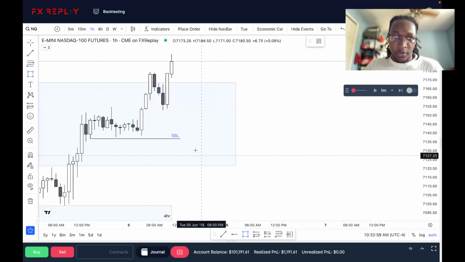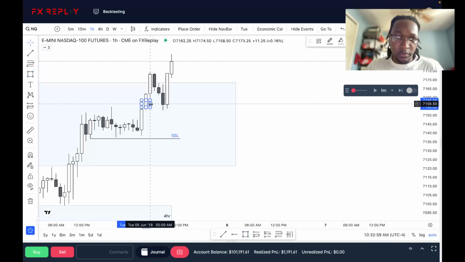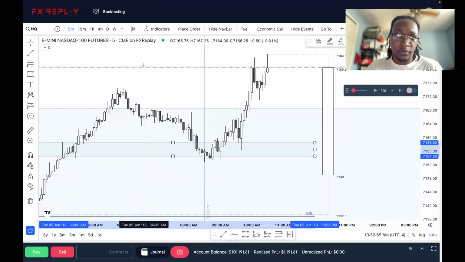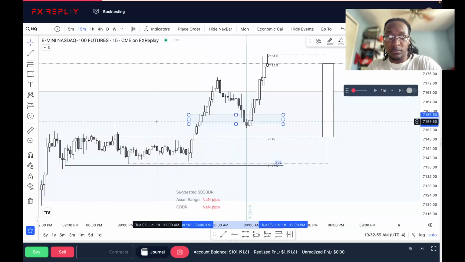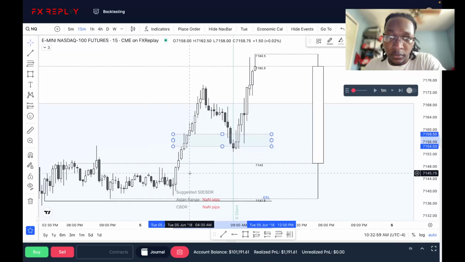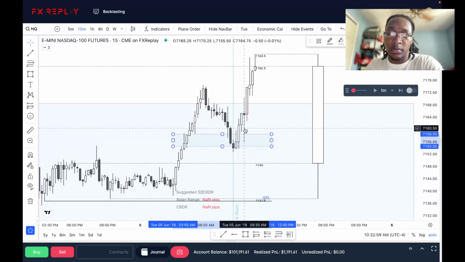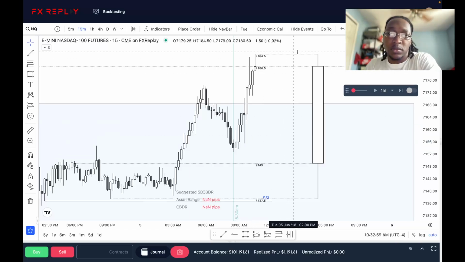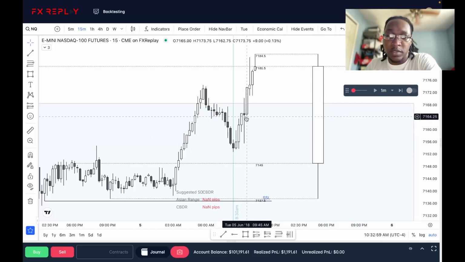Excuse me, there's a fair value gap right here. The price got supported at. No entry protocol though, so that's fine. This is Tuesday as well.